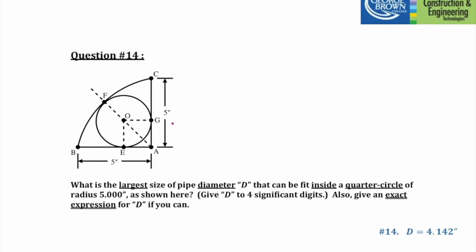So I've given a hint here about how to do it by drawing these dotted line segments. What you do know is that the outer quarter circle has a radius of 5 inches. So it's not a lot of clearance. But these types of questions are very common in plumbing and HVAC type disciplines.